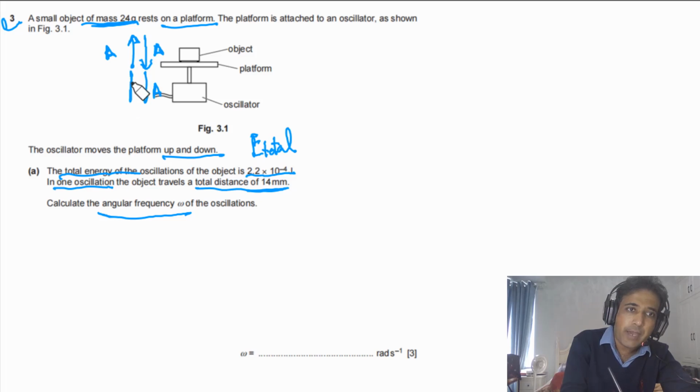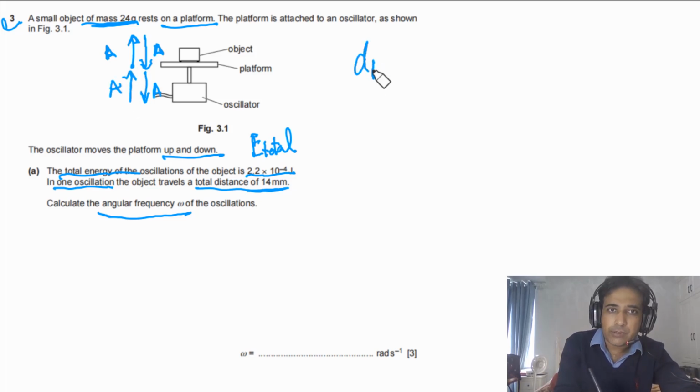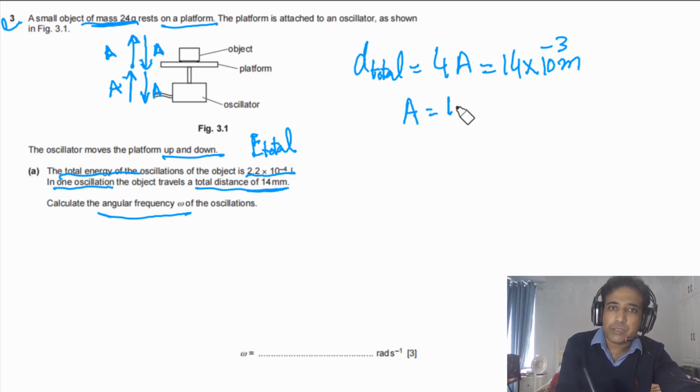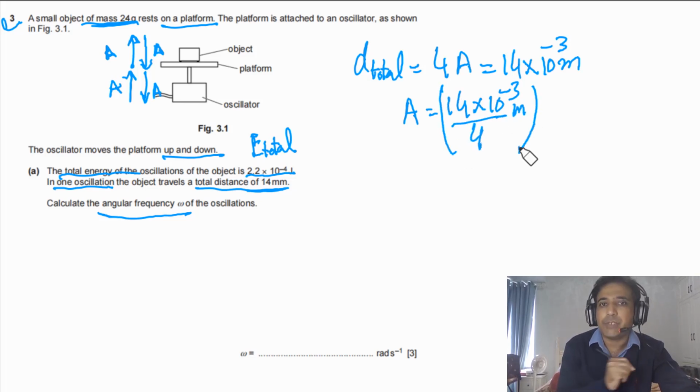Then it comes back to equilibrium again. So from here we can say d total is equal to 4 times amplitude, and the total distance we have is equal to 14 millimeters, meaning 14 times 10 to minus 3 meters. So we can say amplitude is equal to 14 times 10 to minus 3 divided by 4. Here the unit is meter.